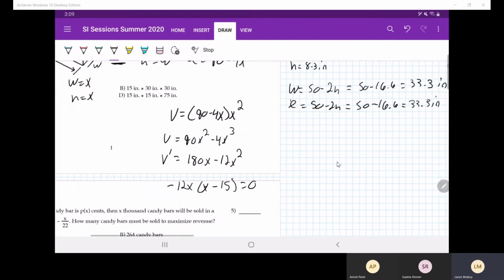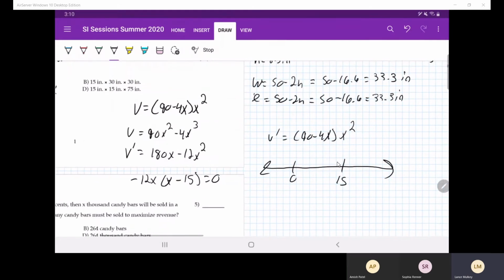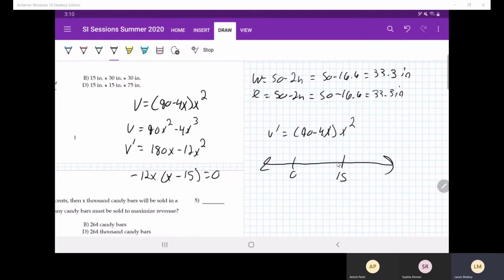So now you come to a number line. You have 0, 15. V prime equals 90 minus 4x times x squared. So if you plug in a number less than 0, so let's say -1, 90 minus 4 is still positive, times -1 squared, which is positive, so positive.